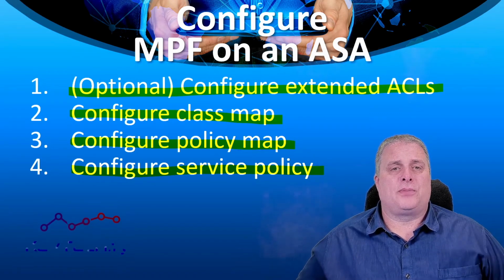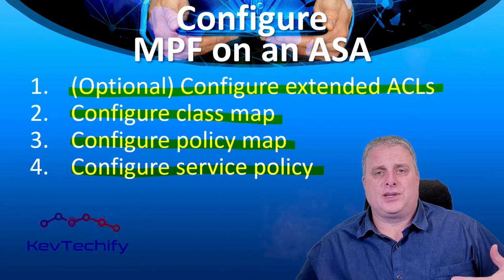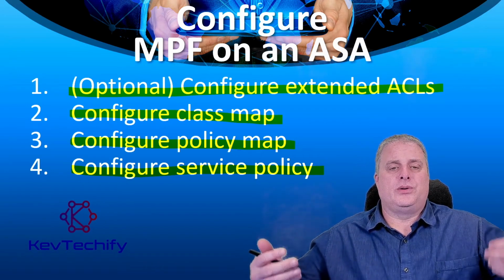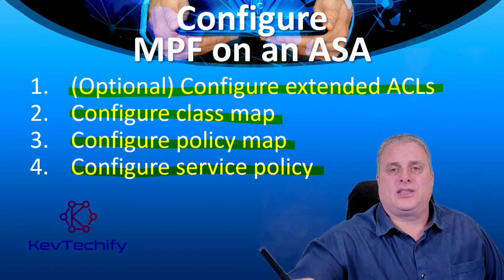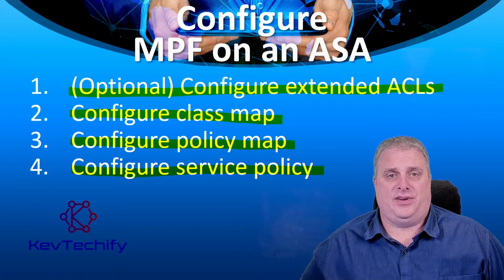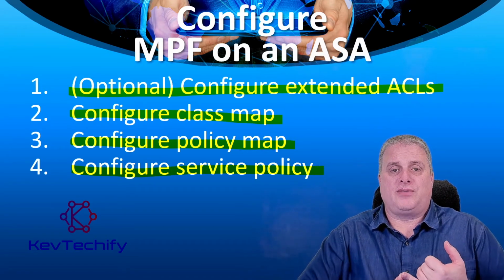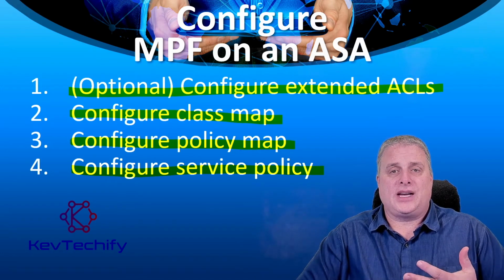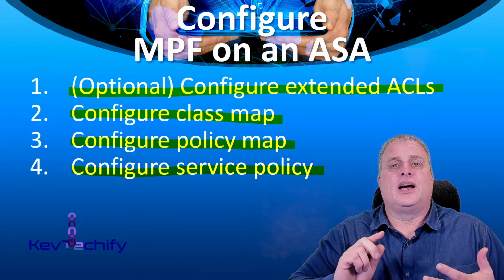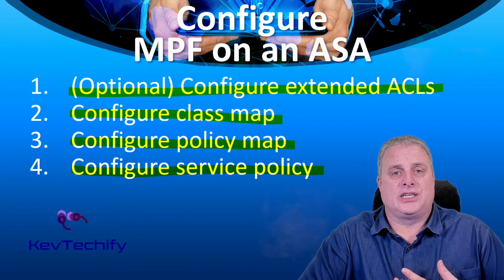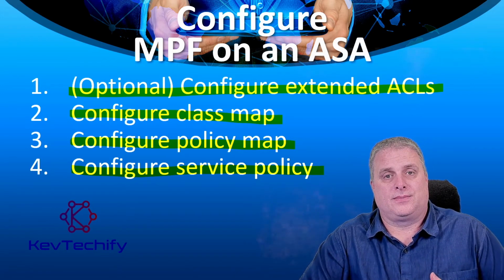And then finally in step 4, we configure our service policy, where we're going to look at our policy map and apply it to an interface. So identify the traffic, then what actions are going to happen, and then attach that action to the interface.